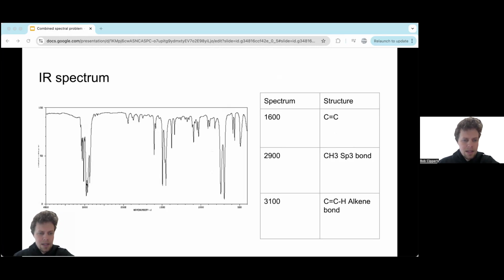That's the sp3 hydrogens on the sp3 carbons. And then just above that, we have hydrogens that are on sp2 or double bonded carbons. So with that, I could determine that we do have double bonded carbons with hydrogens on them, sp3 carbons with hydrogens on them, and then double bonded carbons as well.